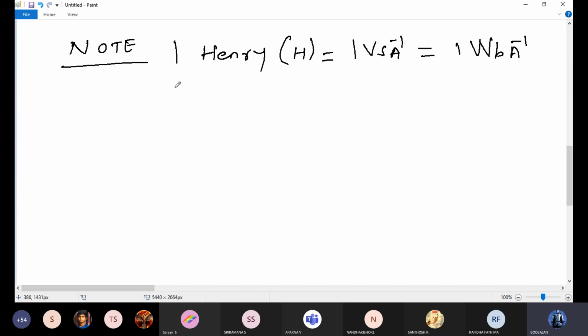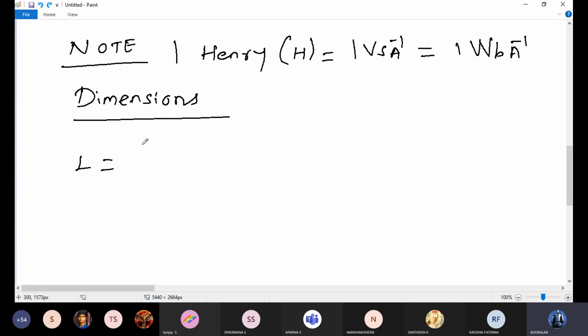Okay, now we'll learn the dimension formula of self-inductance. So L equal to phi by I. So no need to mention d and all.